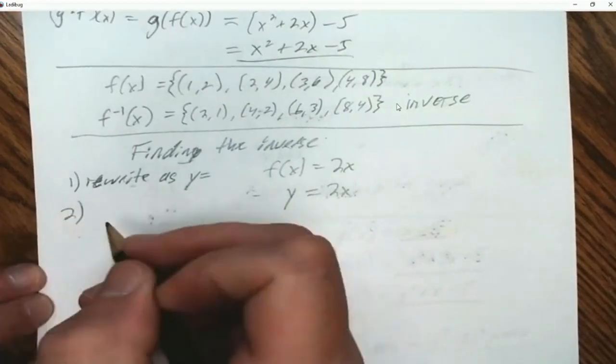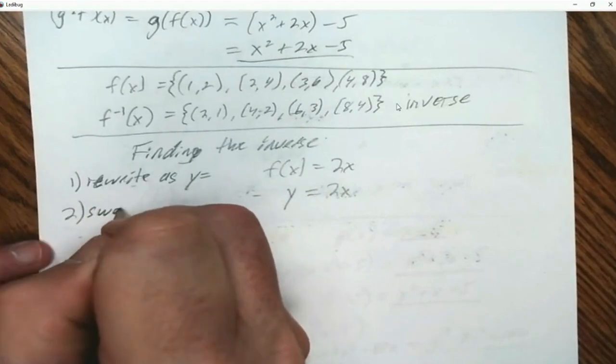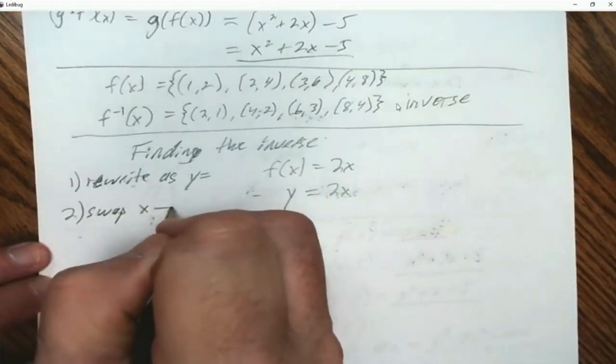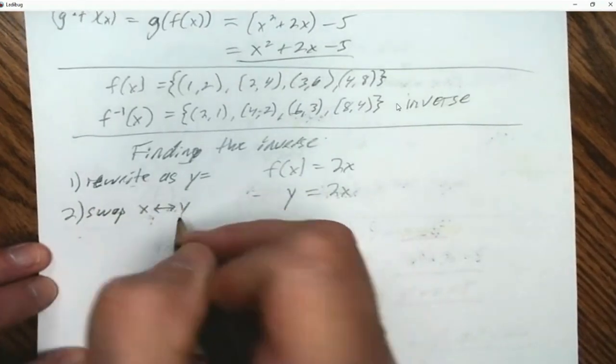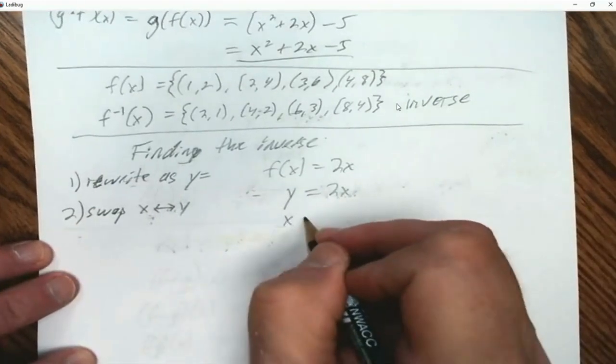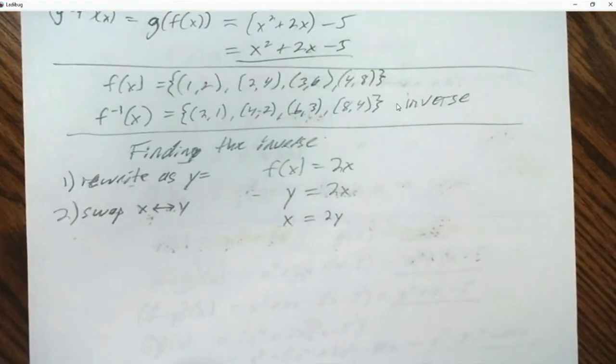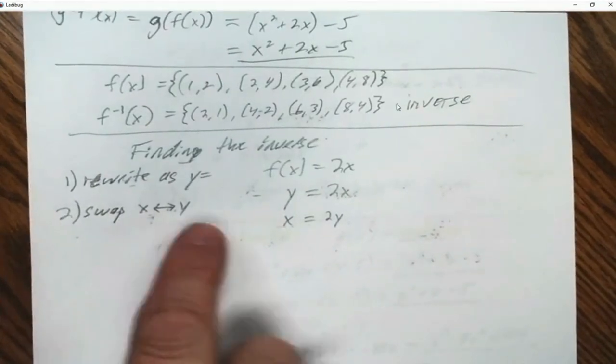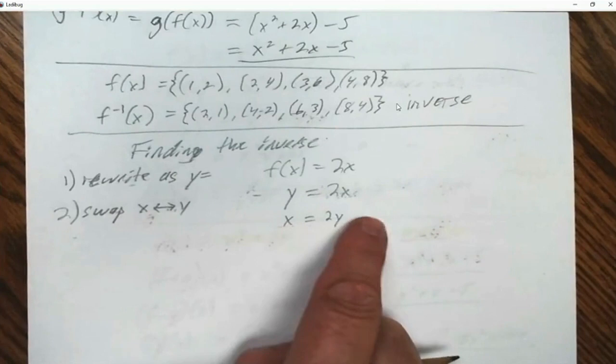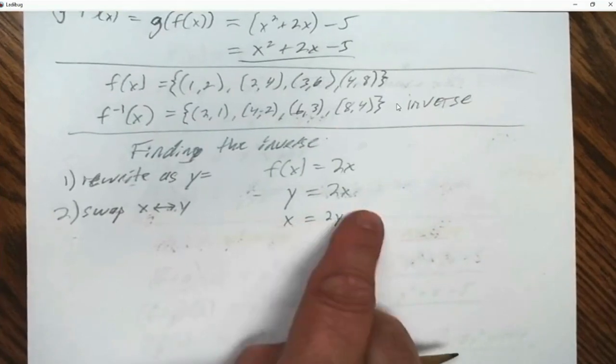Second step, swap x and y. So we'd say x equals 2y. We just swap them. Everywhere there's an x becomes a y. Everywhere there was a y becomes an x. All right.